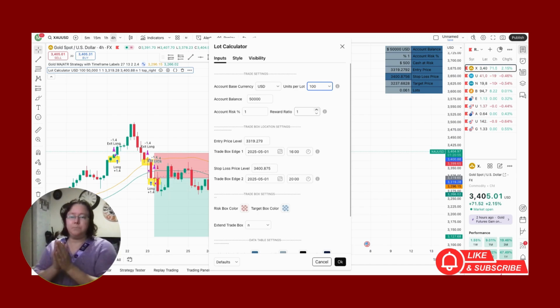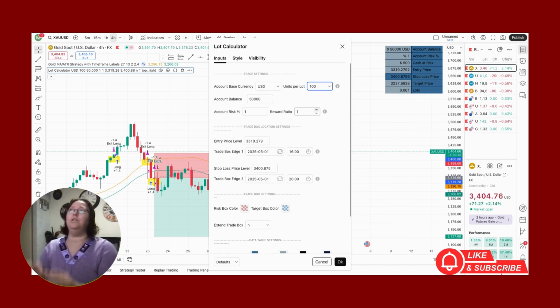So it means that if I'm putting in one lot, I'm buying 100 ounces of gold. Yes, I think that's correct. So that's the lot size. For every lot, I buy 100. If it's Euro USD, for every one lot, I'm buying 100,000.